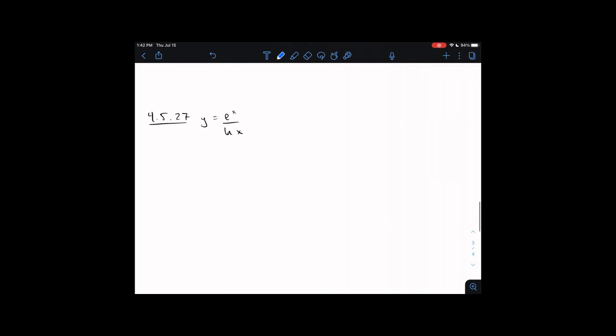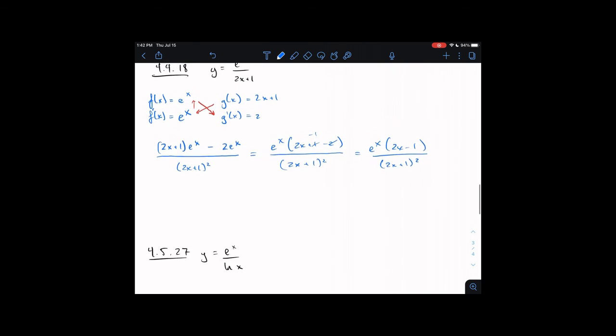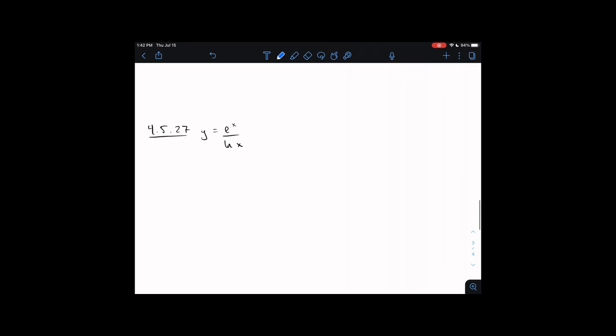All right, finally, the last one. It's just like this problem, except the bottom function is different. So f of x again, e to the x, f prime is going to be the same. Now the bottom function, g of x is natural log of x, and we know from our book that the derivative of natural log of x is 1 over x.